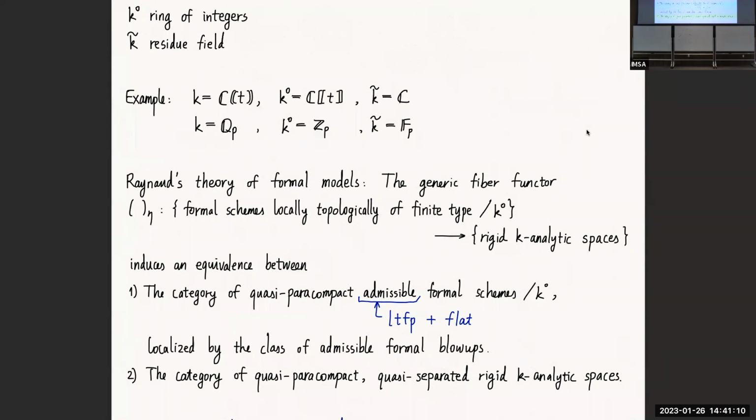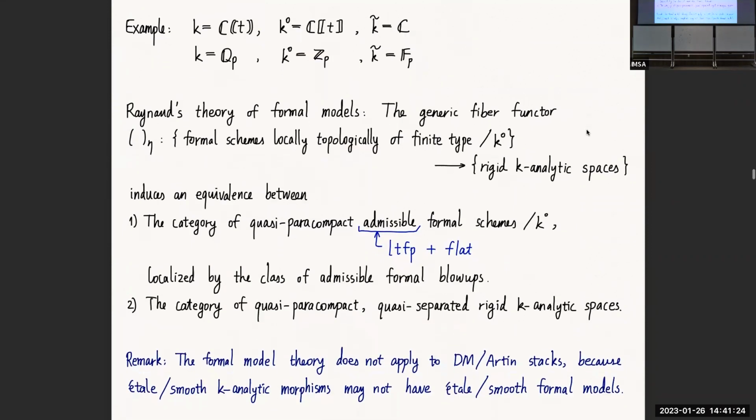Here we only consider the classical because the general Berkovich analytic spaces do not have formal models. Only rigid analytic spaces have formal models. Okay. So that is really Raynaud's theory. Of course, Raynaud also has a theory about flattening techniques. That's not part of the theory, but the basic Raynaud's theory is summarized in this theorem.